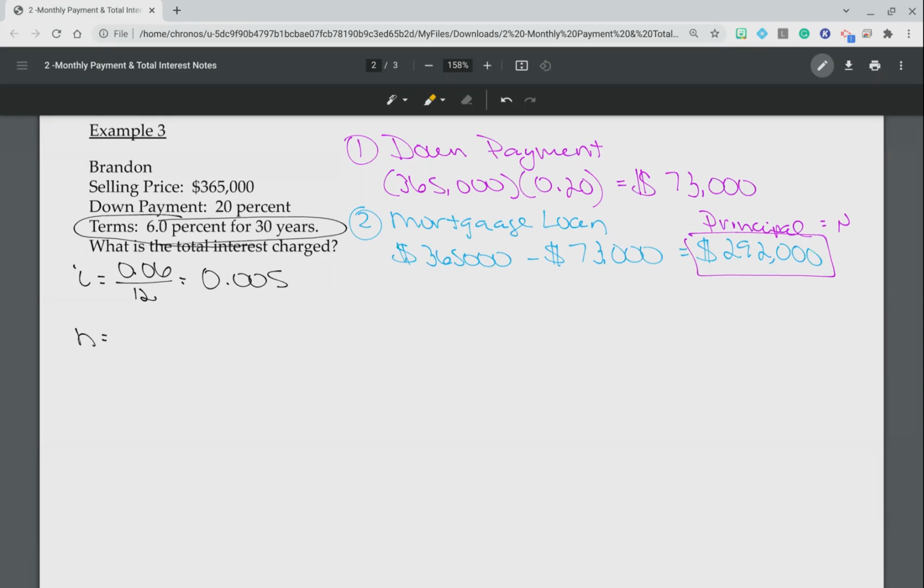And then again, my N, I'm paying this off in 30 years. To convert that to months, I multiply that by 12, and I get my N to be 360 months.